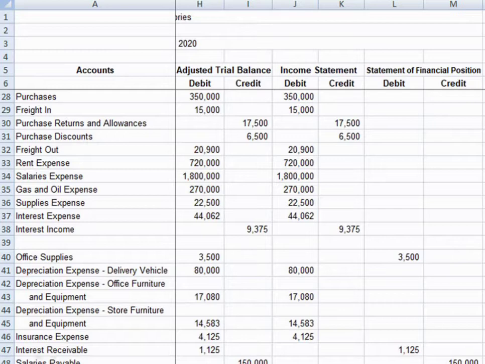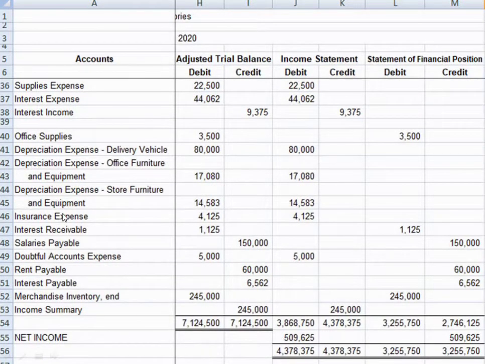And finance cost also, because of this interest expense. Are there expenses which should be classified as other expenses? None. So no line item for other expenses in the income statement. There is net income, not net loss.